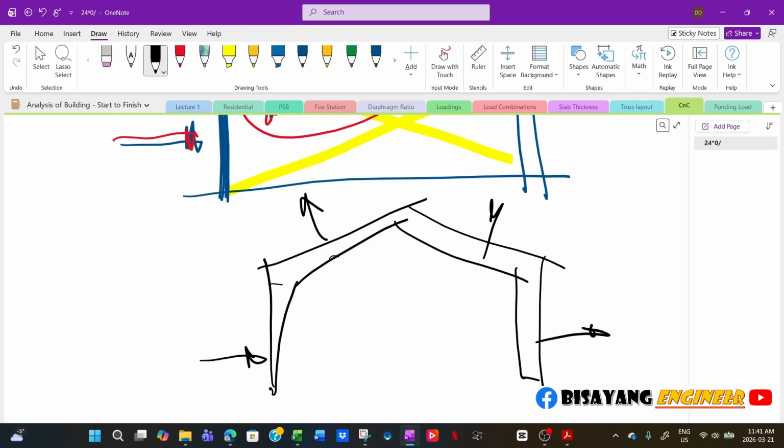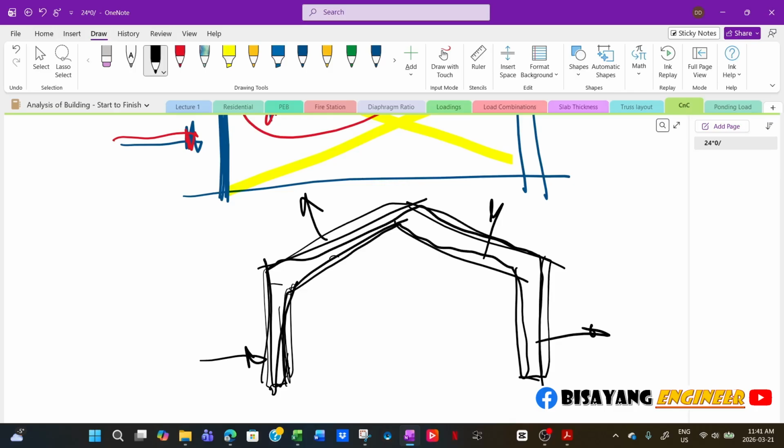That's why I don't consider the roof if I design a shear wall for a residential house, where the trusses are not integral with the vertical elements like the walls and columns. But for a pre-engineered building, because it is basically a rigid, single element, that's the time I will consider all directions of forces.